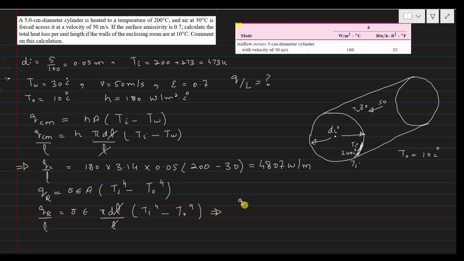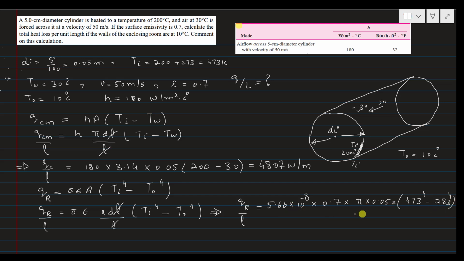The radiation heat transfer per unit length is equal to sigma, a constant equal to 5.67 times 10 to the power minus 8, times emissivity 0.7, times pi, times d, 0.05, times 473 to the power 4 minus 283 to the power 4.